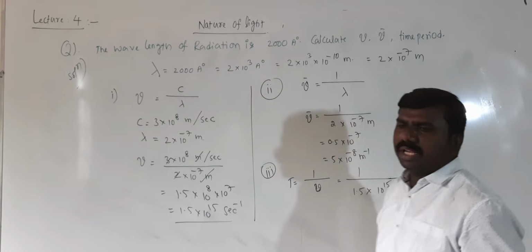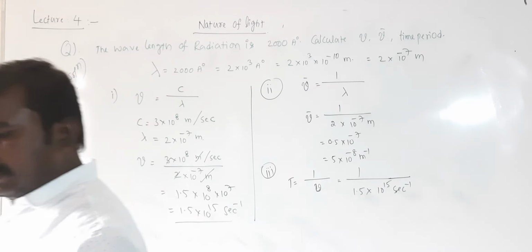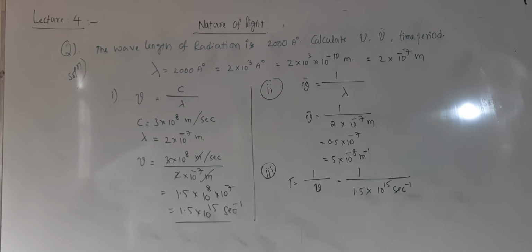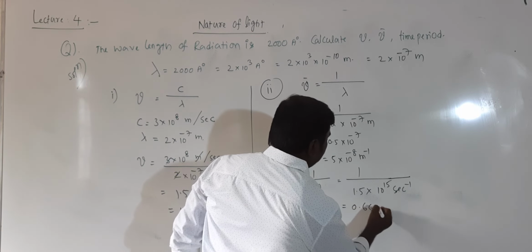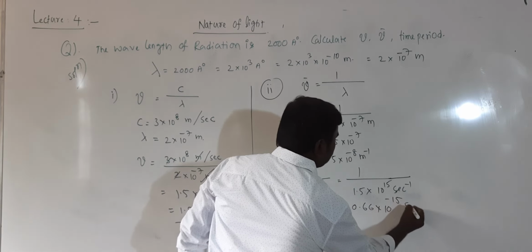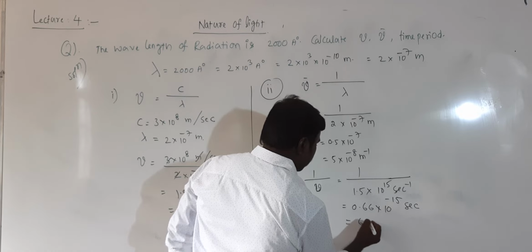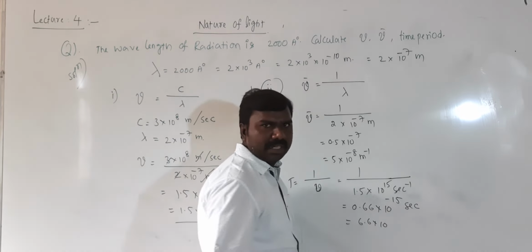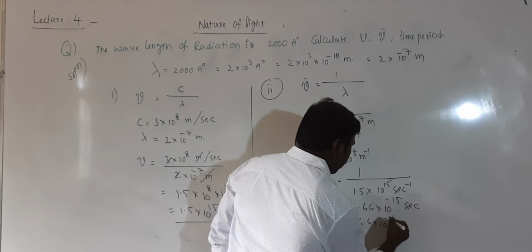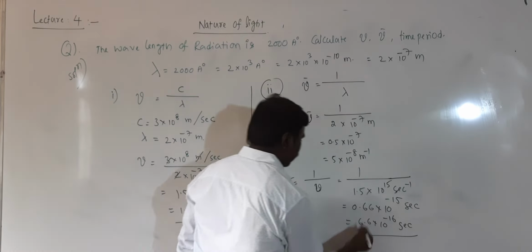The second inverse is converted into seconds. So it is 0.66 into 10 to the power of minus 15 seconds, that is 6.66 into 10 to the power of minus 16 seconds.